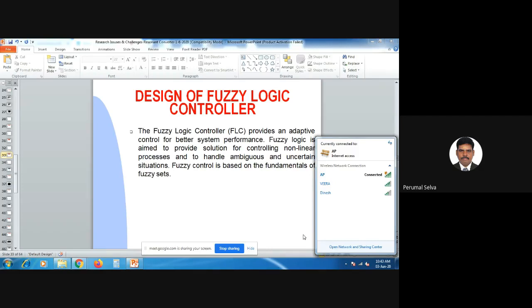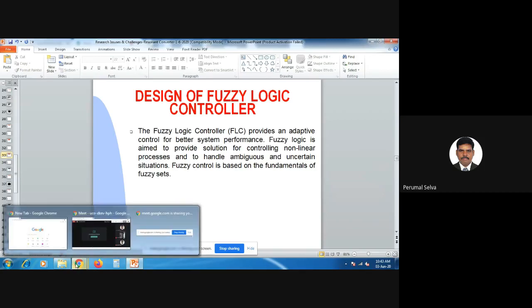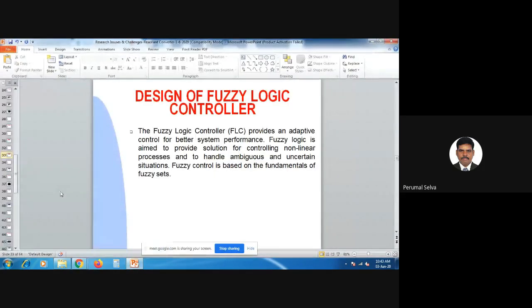The fuzzy logic controller provides adaptive control for better system performance. Fuzzy logic is aimed to provide a solution for controlling non-linear processes and to handle ambiguous and uncertain situations. Fuzzy control is based on the fundamentals of fuzzy sets.